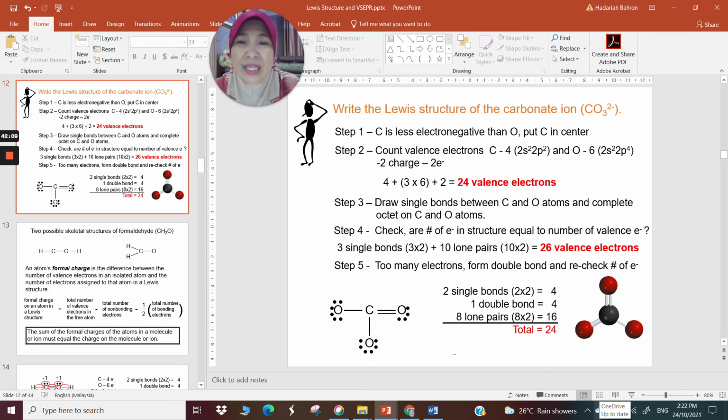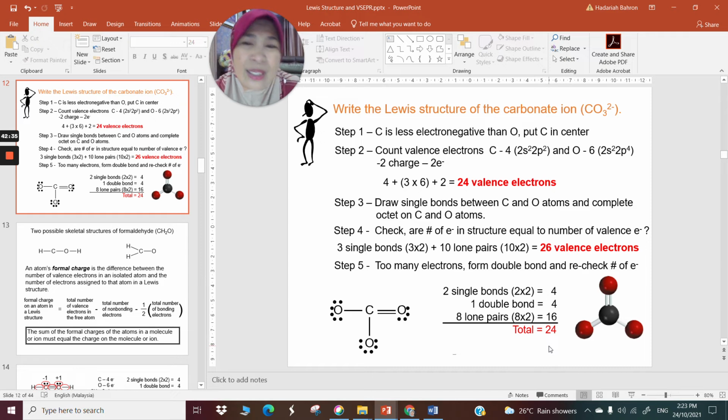Remember, when you have far too many electrons, you collapse 2 lone pairs of electrons, one from one atom, another from another atom, remove them, and then add 1 additional bond, make a double bond or probably a triple bond.